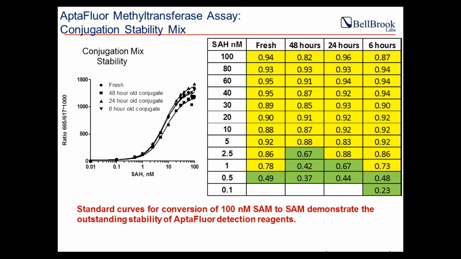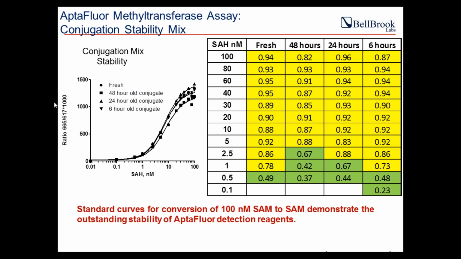Anyways, so this is the conjugation mix stability, and this is what I was talking about. So when you buy reagents from us, there will be this piece 1 and piece 2, and for piece 1, which is just biotinylated, you would have to add the terbium. So we do mention in our technical manual that you have to make it fresh right before the assay.